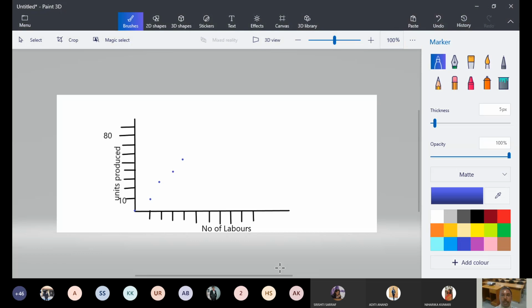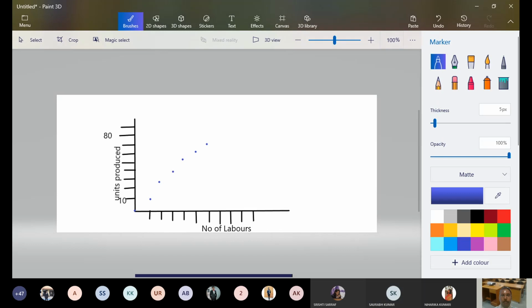Then we have 60. 60 is with the 5th one. And 60 here will be 1, 2, 3, 4, 5, 6. Sixth will be 66. 66 will be in the middle somewhere.